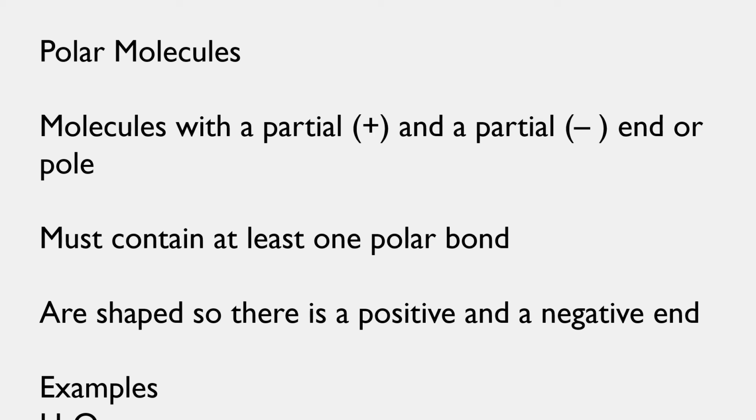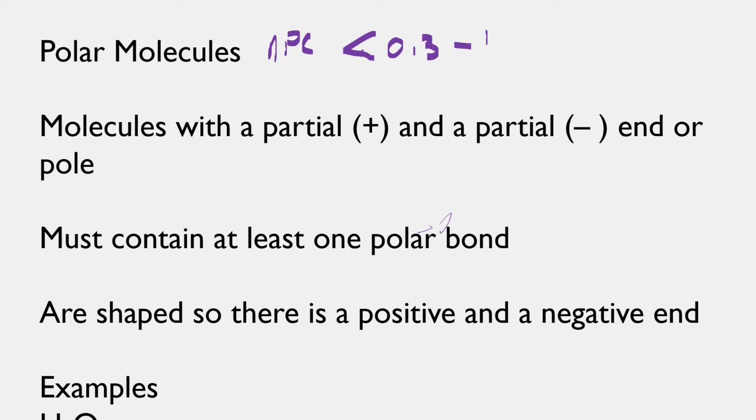Okay, so we have polar molecules. We already talked about polar bonds. That's when you have, remember, your electronegativity differences. So you have nonpolar covalent if it's less than 0.3.